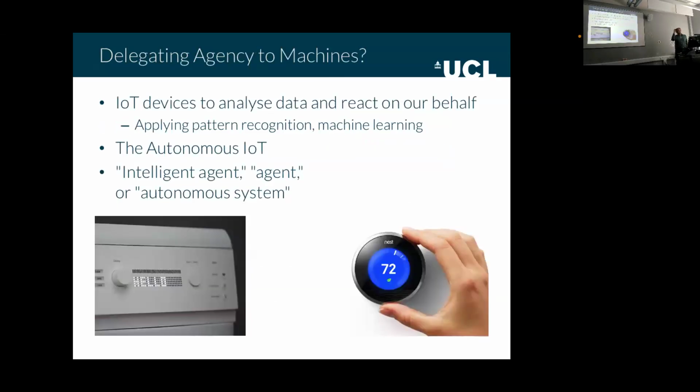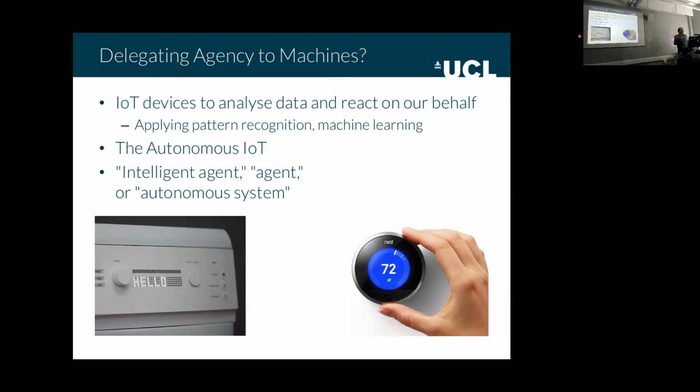My interest in human interaction with AI started in Southampton. There I was working in a group researching autonomous systems. An autonomous system is basically a piece of technology that can monitor data on our behalf, process that data using some form of pattern recognition or machine learning, and then autonomously react to that data.